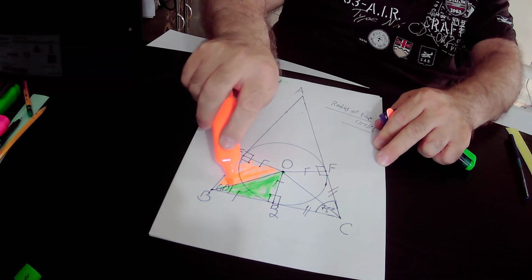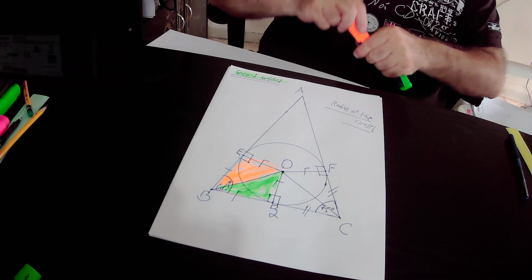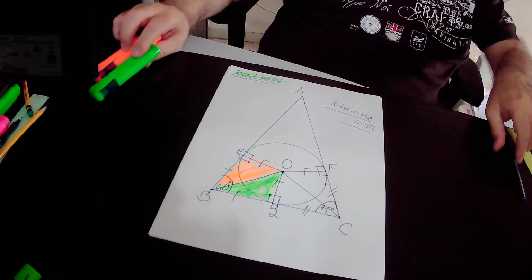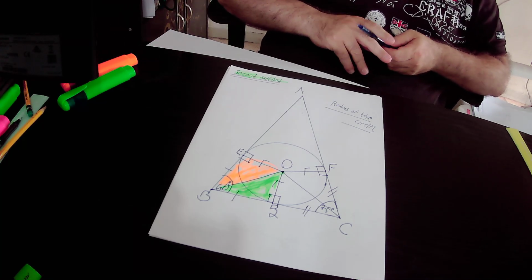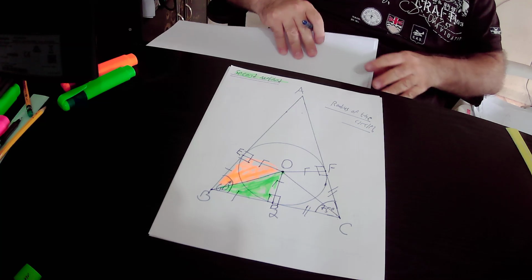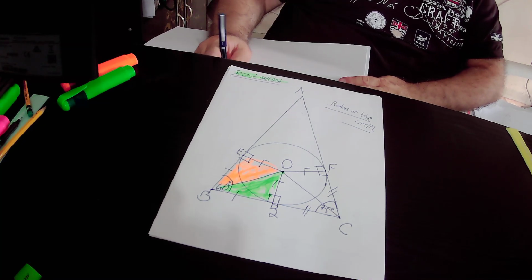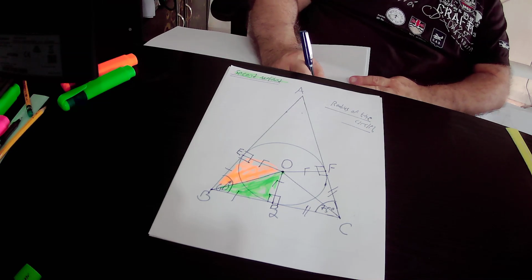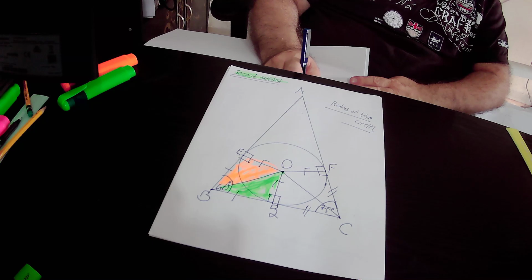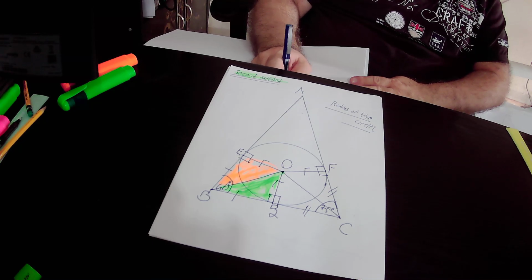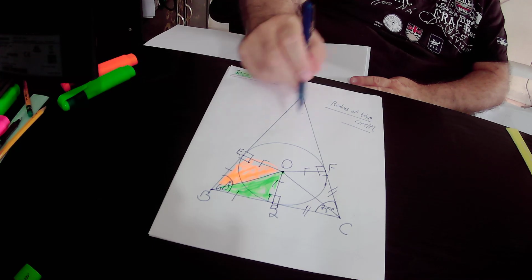They are congruent to each other according to the side rule, but I will write it down. Here, the green triangle is actually triangle OBD. The orange triangle is triangle EOB.